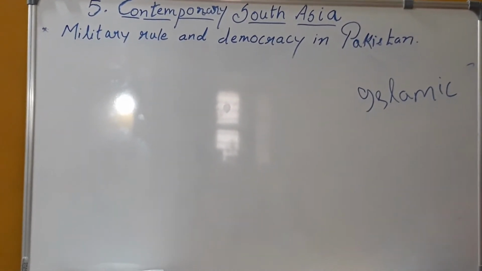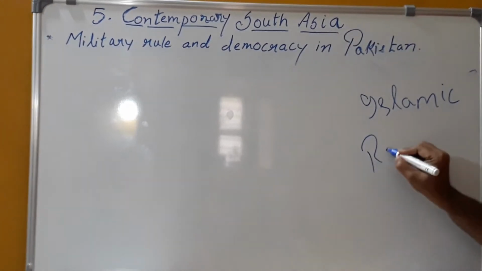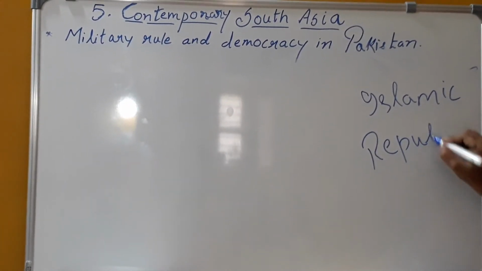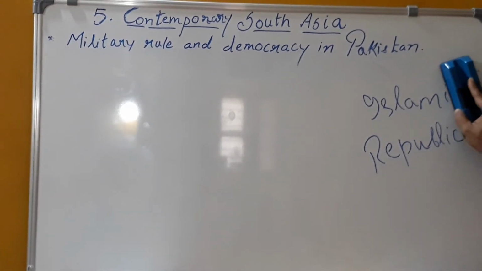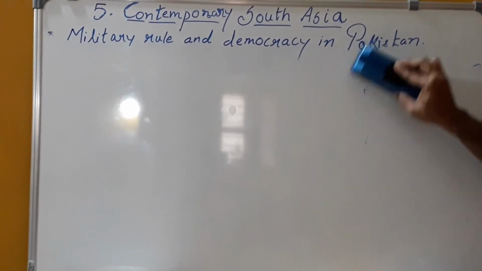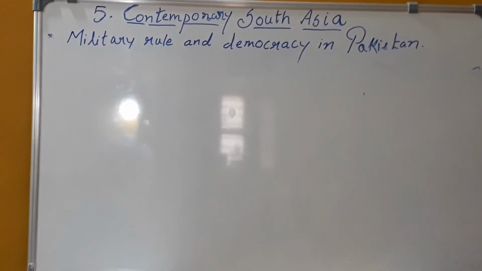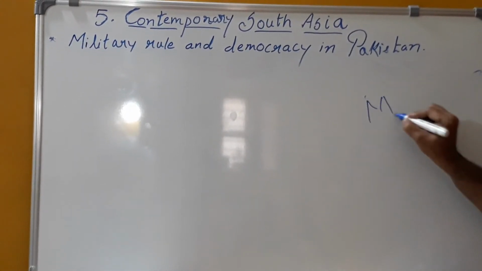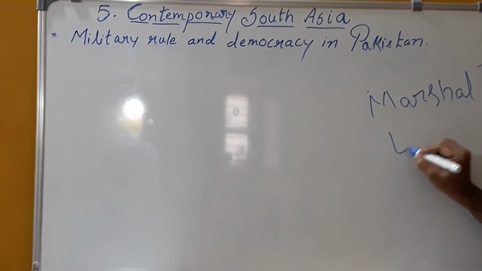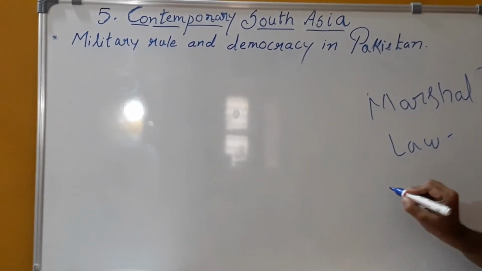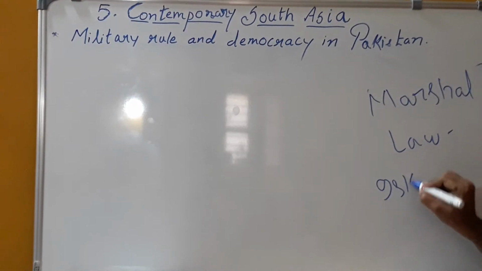And in 1958, President Iskandar Mirza carried out the coup. So for the first time they had what we call the first martial law, that is M-A-R-T-I-A-L. For the first time they got the rule of the army over there.